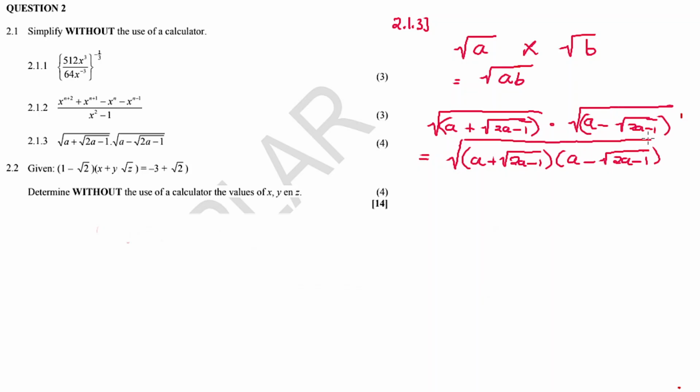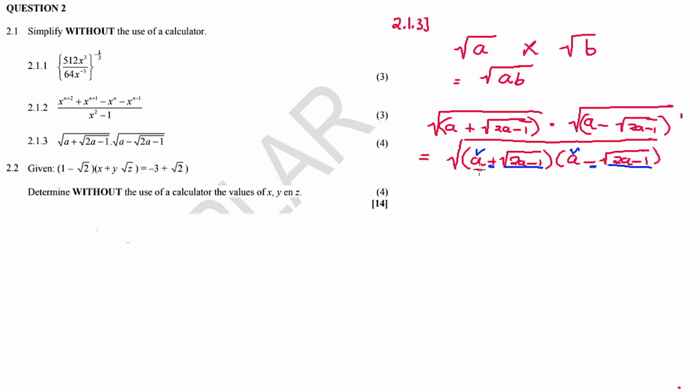Again, okay, check this out. I have a plus minus the square root of 2a minus 1, the square root of 2a minus 1. This is a difference of two squares. What I'm trying to say is, it's time to FOIL. That's going to be something very big. But now we identify, we are convinced this is a difference of two squares.